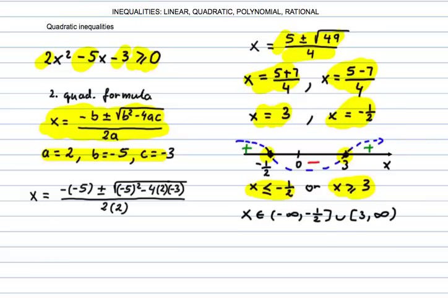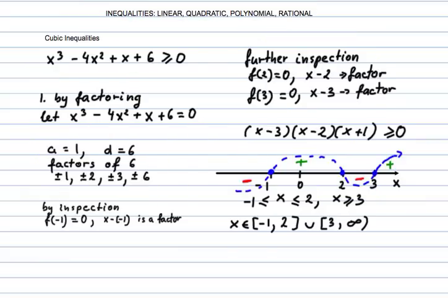So let's move down to the next example. Cubic inequalities. For cubic inequalities, we will be working with the type of questions where you can factor it. If you can factor a cubic polynomial, you can find intervals for where the polynomial is greater than 0 or less than 0, so that is not a problem.